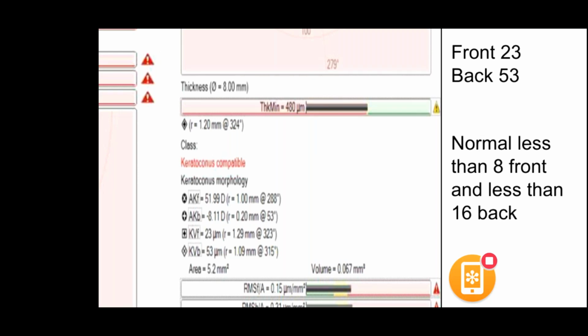So over here, the AKF and the AKB are your K values in the front and the back. And the KVF is your elevation, okay? It's 23 and 50, the front elevation and the back elevation. All right?